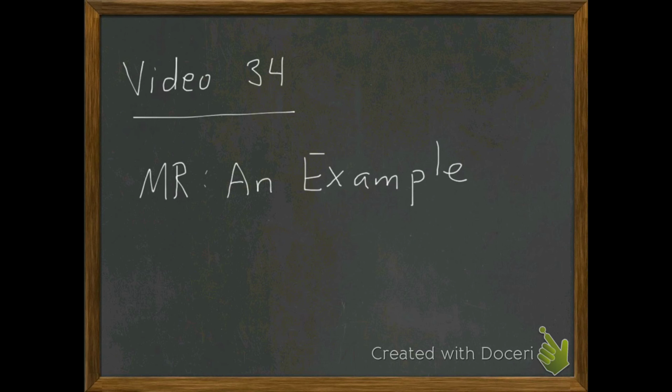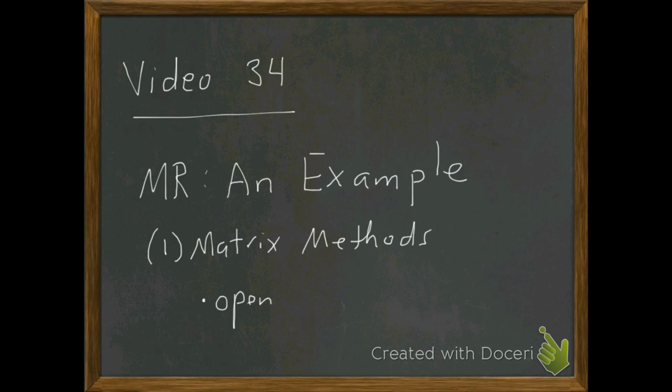So, guys, here's what we're going to do. First, we're going to use matrix methods. So use matrices, and we're going to open a data set from the desktop and convert to matrices.